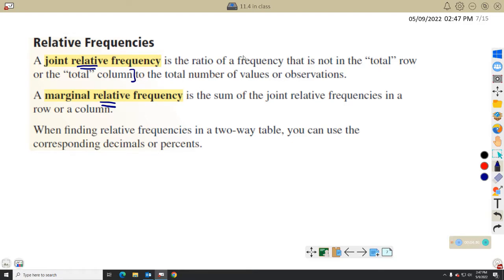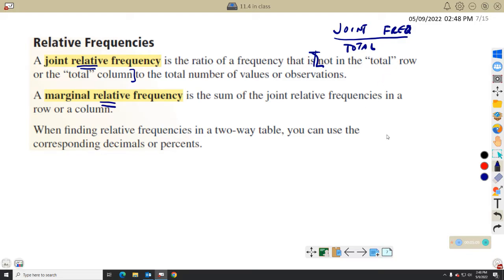What does that mean? The things that are not in the total row or total column are not marginal frequencies. In other words, these are the joint frequencies. It's the ratio to the total number of values or observations.